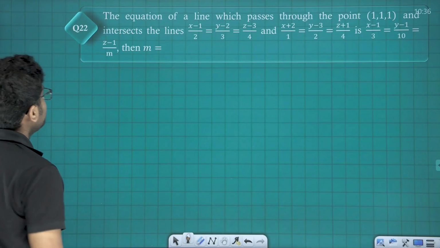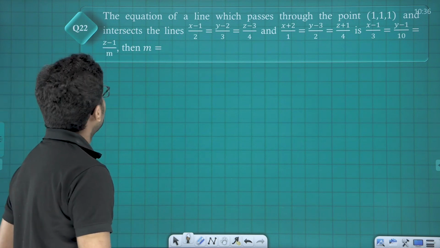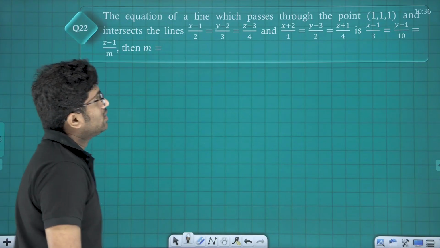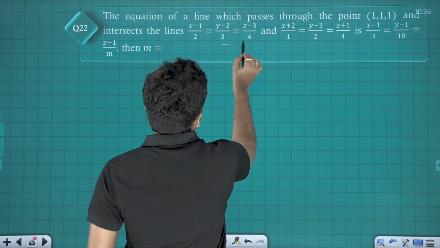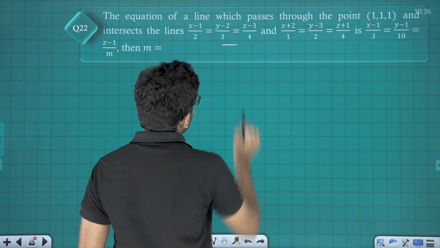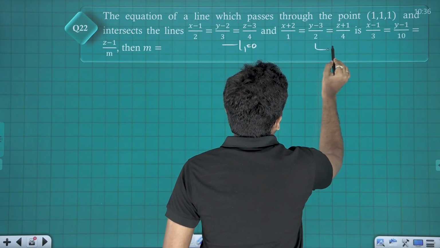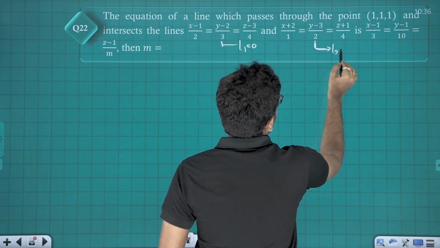Next question. The equation of a line which passes through the point (1, 1, 1) and intersects the lines (x minus 1) by 2, (y minus 2) by 3. See friends, understand this. Let this be line 1, L1 is equal to 0. Let this be L2 is equal to 0.